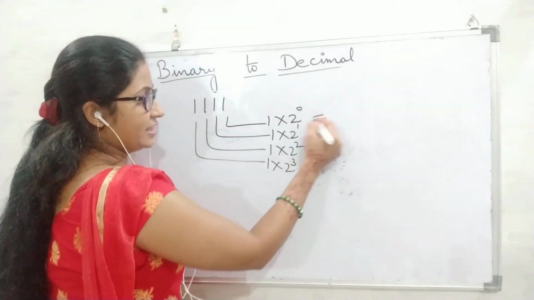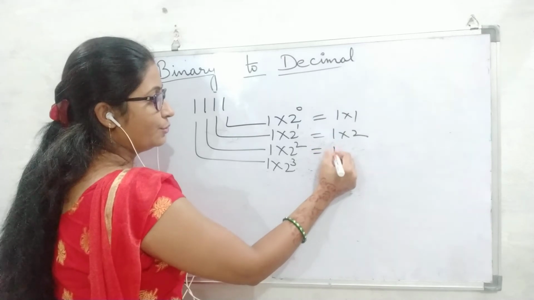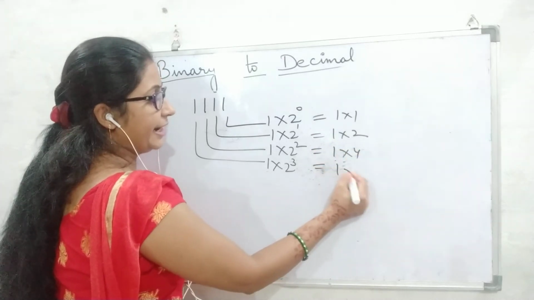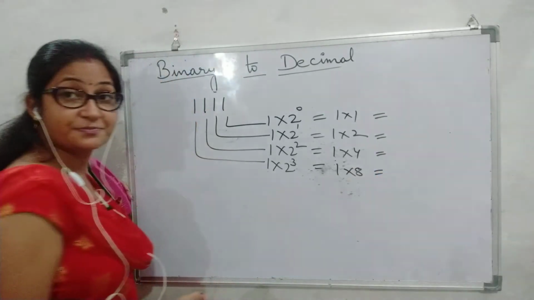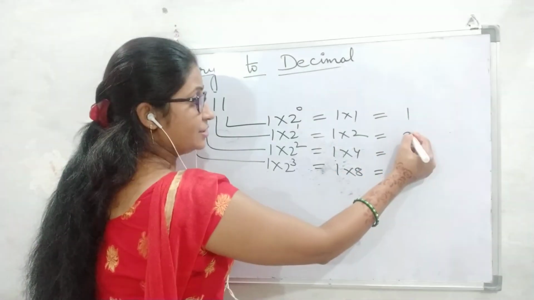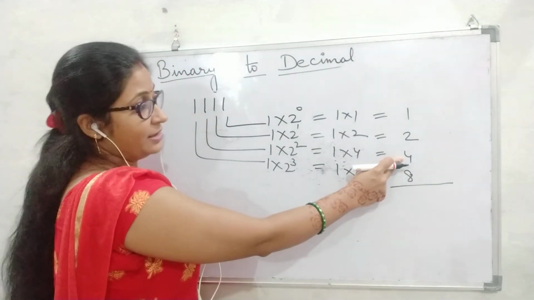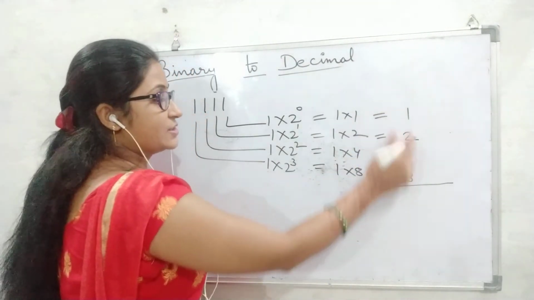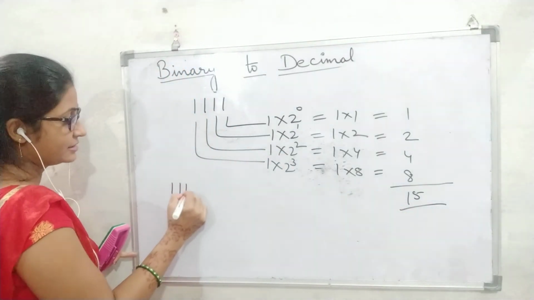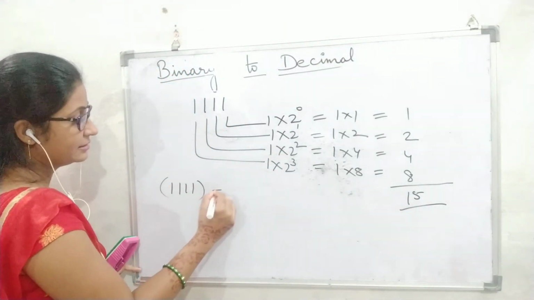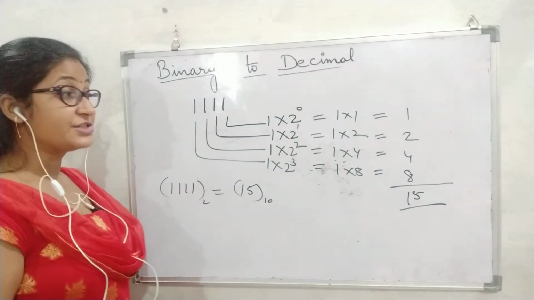So this gives us 1 into 1, 1 into 2, 1 into 4 and 1 into 8. Here you get your numbers. This is 1, 2, 4, 8. 8 plus 4, 12. Plus 2, 14. Plus 1, 15. So this number is a binary form of a decimal number 15.